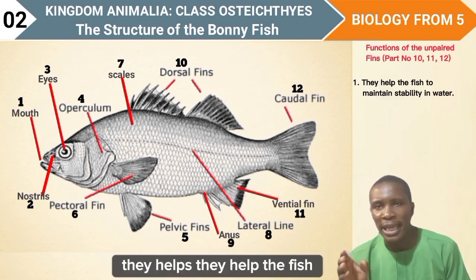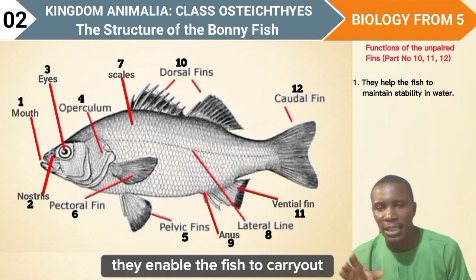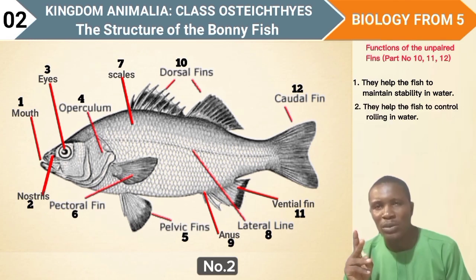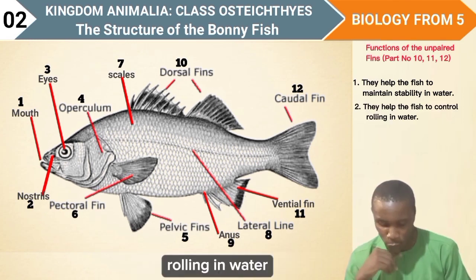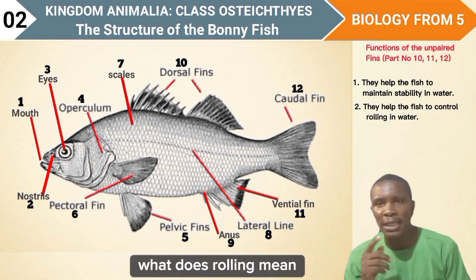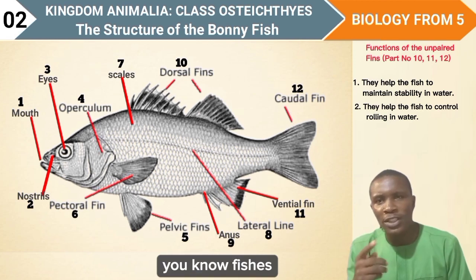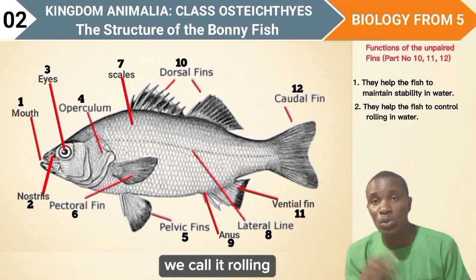They help the fish for stability. They enable the fish to carry out stability in water. Number two, they help the fish to control rolling in water. What does rolling mean? The ability for the fish to spin in water. Fishes do gymnastics in water, so that ability, we call it rolling.